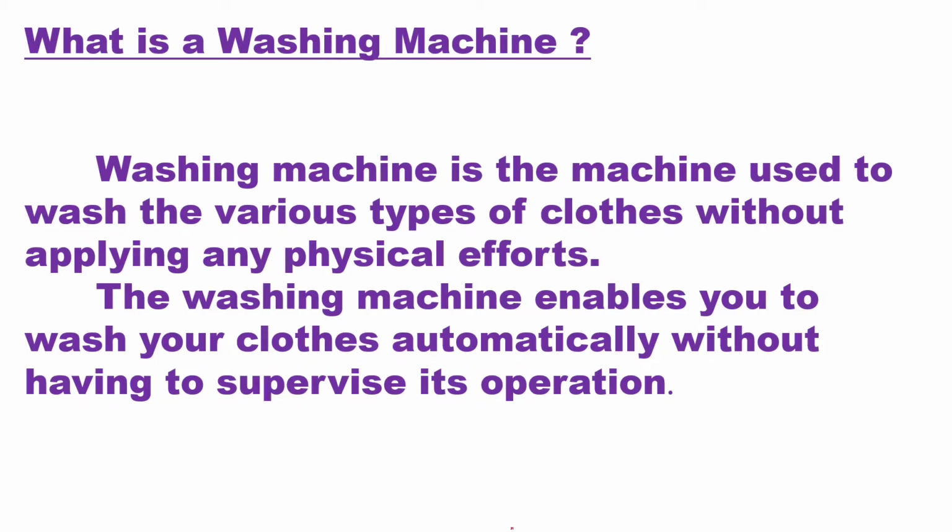It is a machine which enables you to wash your clothes automatically without having to supervise its operation. So it is going to wash your clothes or your sheets or your laundry automatically.